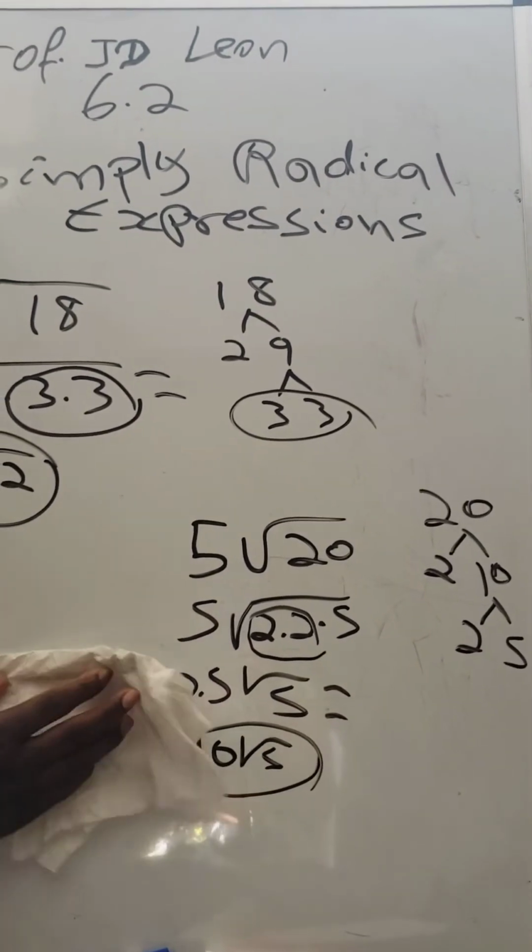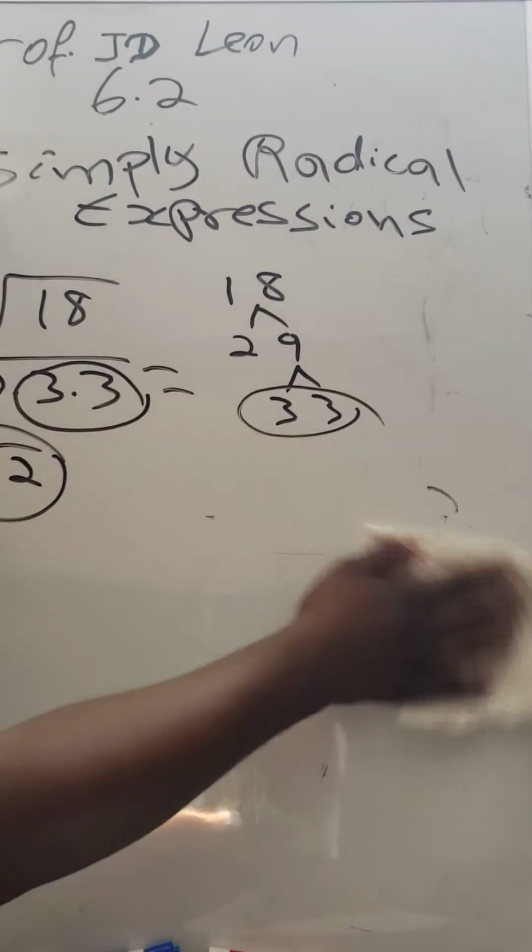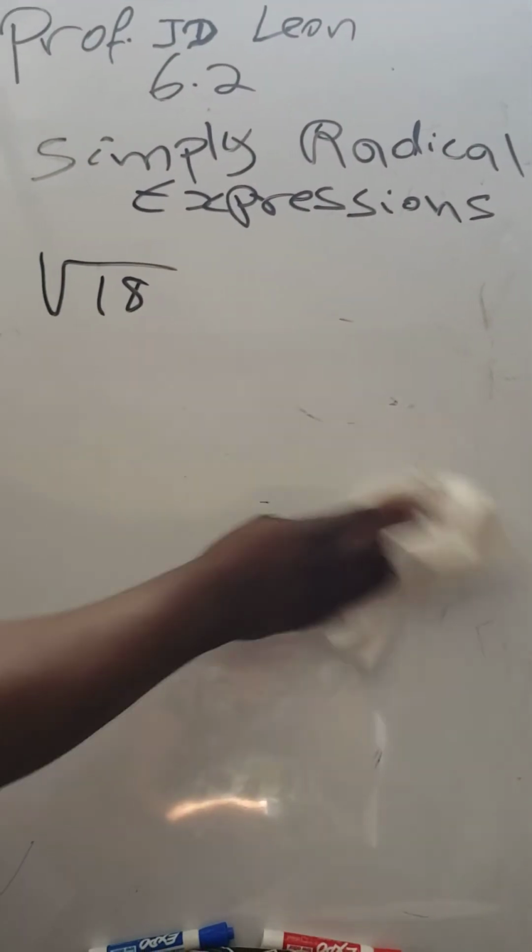We'll do one more real quickly with numbers and variables, which we did, I believe, a few in one of the previous videos that we posted, but we're going to do another one.